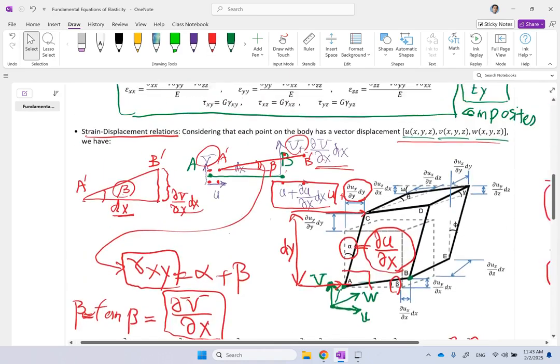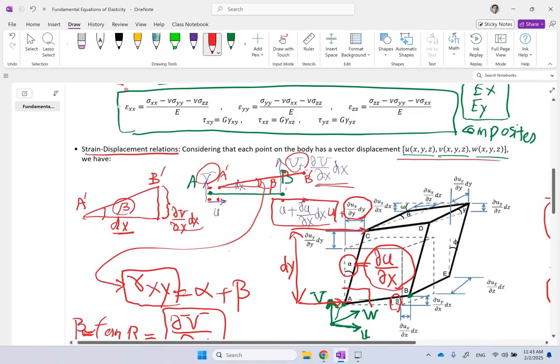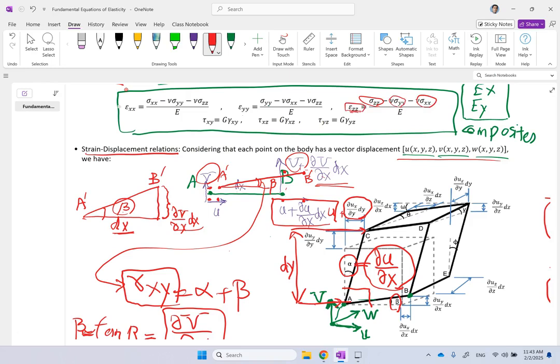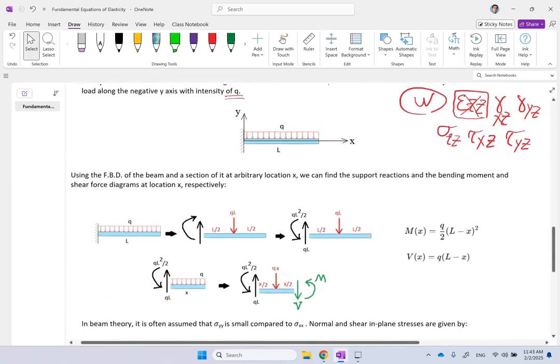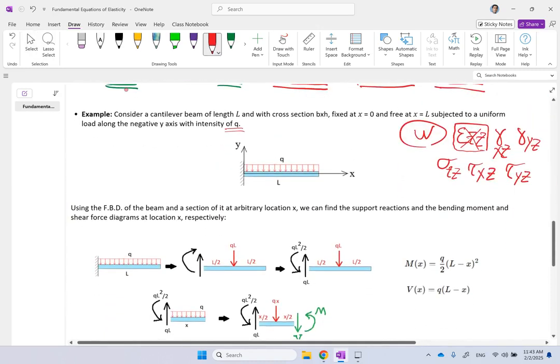If you look at Hooke's law here, even if there is no sigma zz, because of sigma xx and yy, you still can have epsilon zz. And in this case, even if you neglect sigma yy, there is still epsilon zz because of sigma xx, which is non-zero. So epsilon zz in this case is not really zero, but the other ones we can neglect.